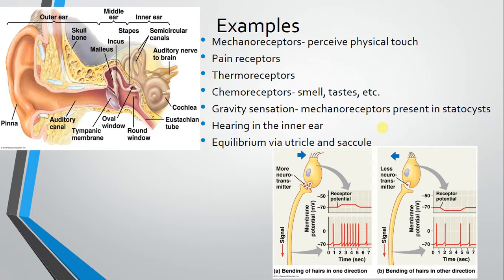So, some examples. We have many different types of sensory receptors. Mechanoreceptors perceive touch. Pain receptors, also called nociceptors, perceive pain. Thermoreceptors sense heat or temperature. Chemoreceptors sense chemical substances, so smell, taste, things like that.